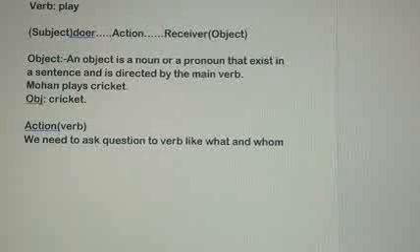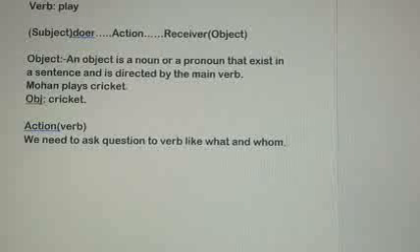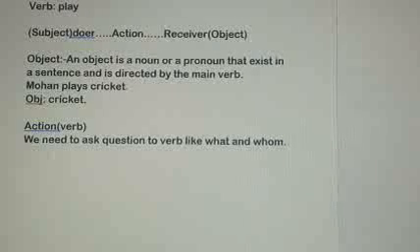The verb should answer what and whom. If a verb can answer what and whom, the answer will be the object.